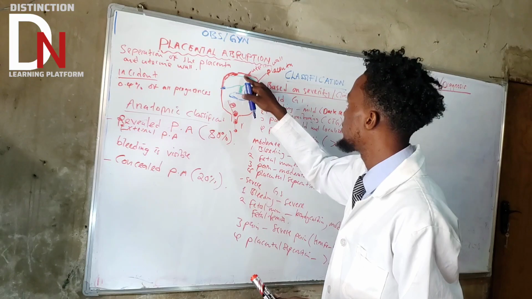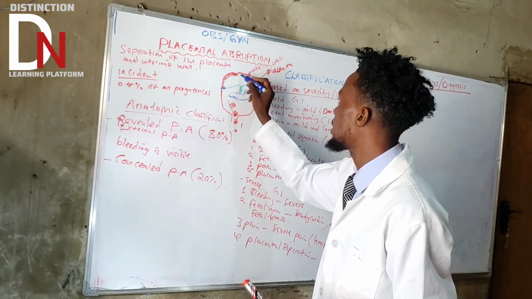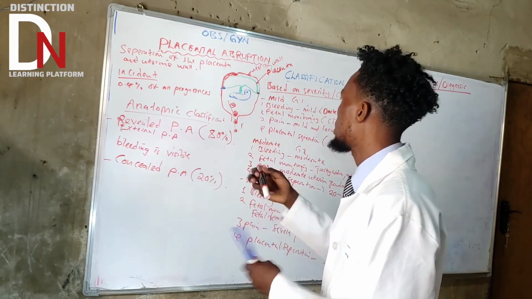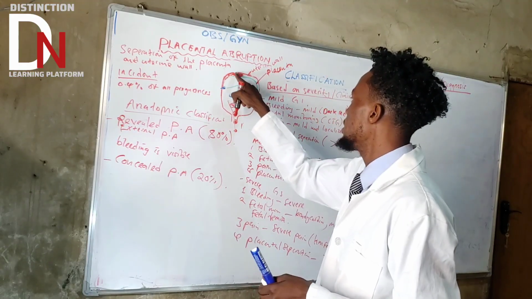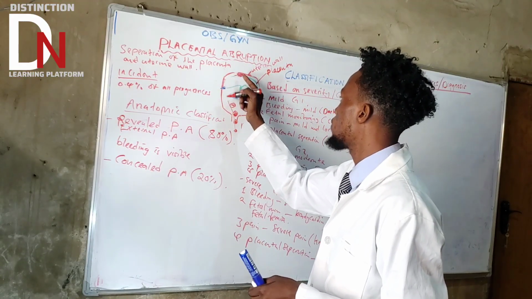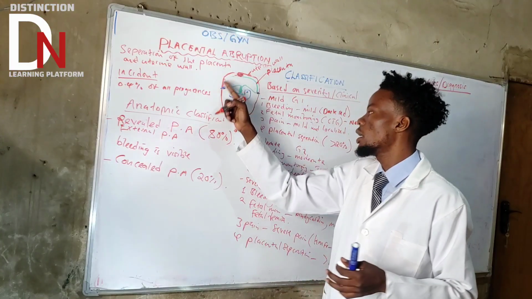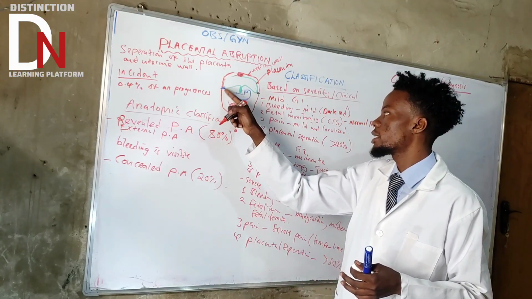The dissection is happening in the center, somewhere here. If the bleeding is happening in the center, it is not going to start coming over here to dissect the margin.